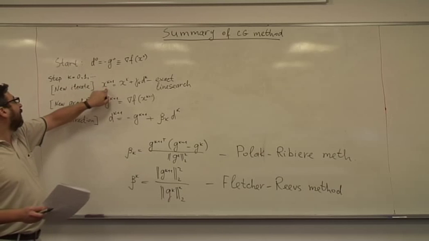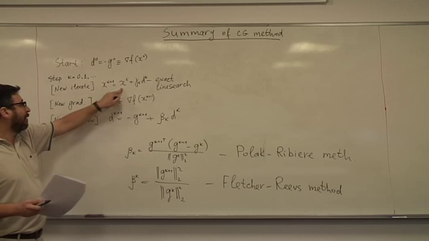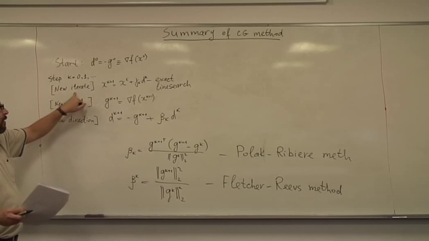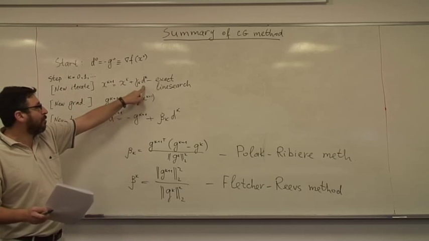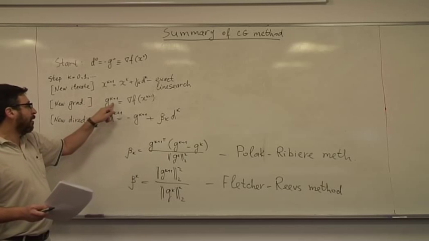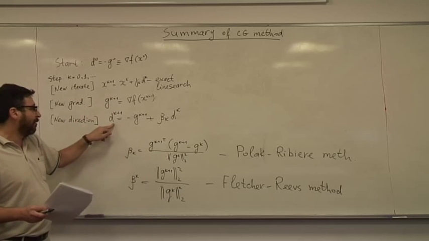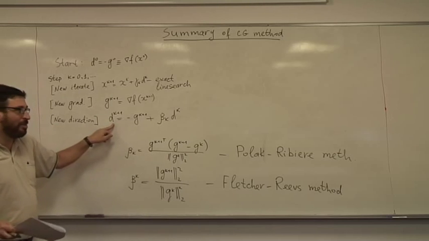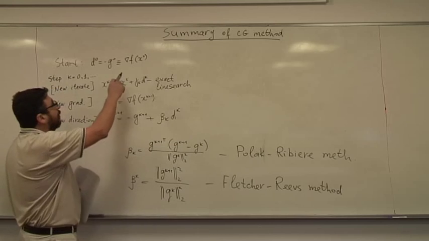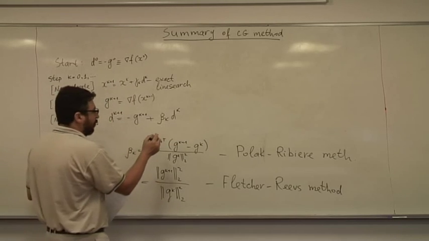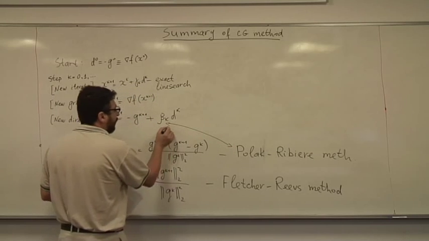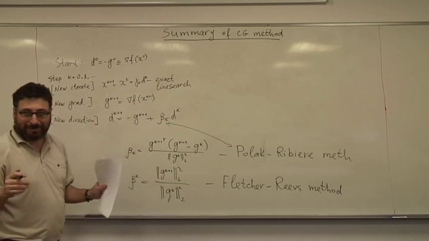Then we update our x, called the new iterate, by line search in the corresponding direction, and compute the new gradient and the future direction. For general nonlinear optimization, as I already said, the Polak-Ribière update is recommended.